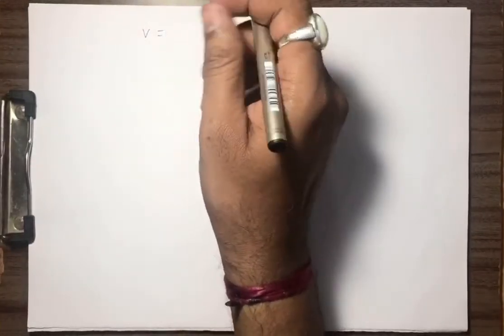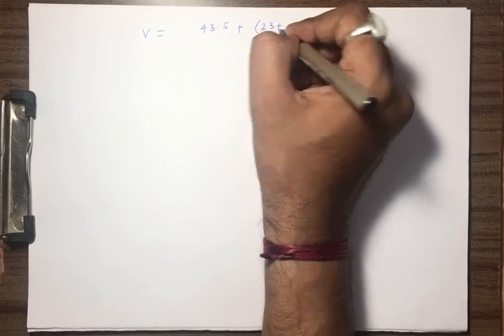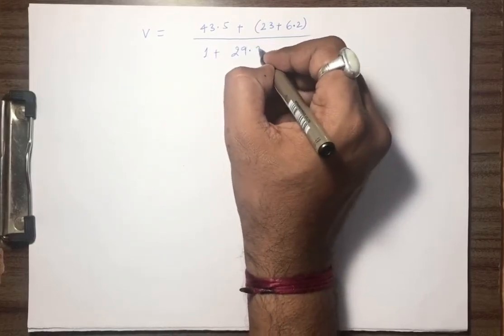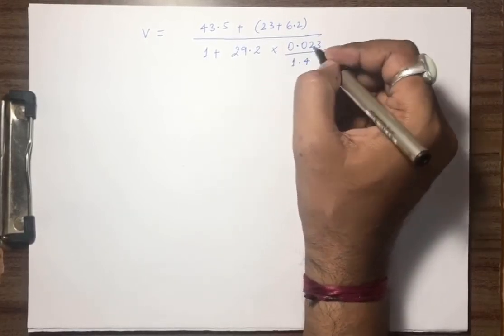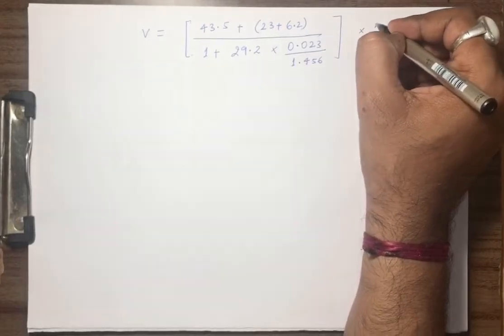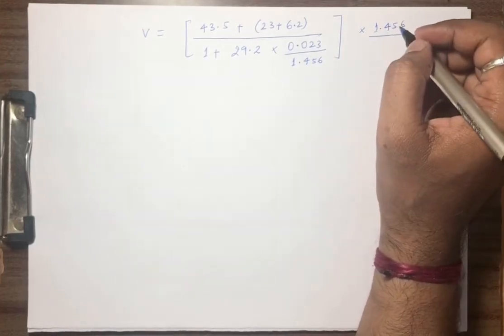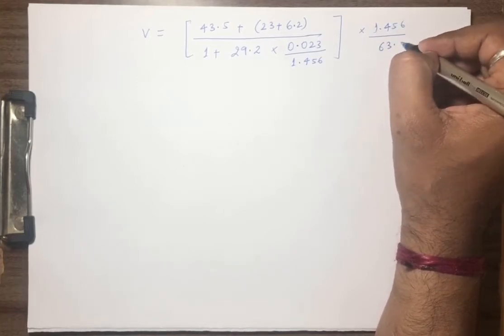So this v is coming out to be something like this. 23.6.2 divided by 1 plus 29.2, 2.023 divided root s is 1.456 into 1.456 divided by, root 63.3 is root s.